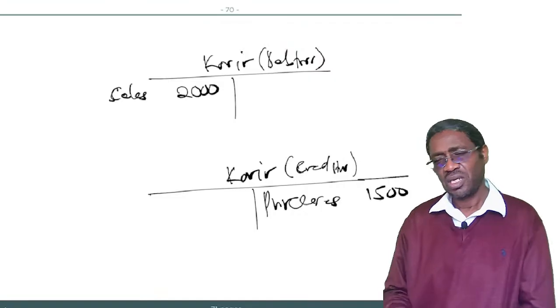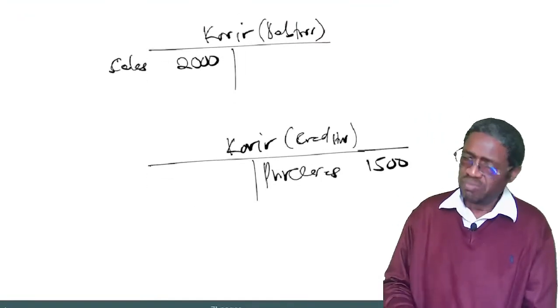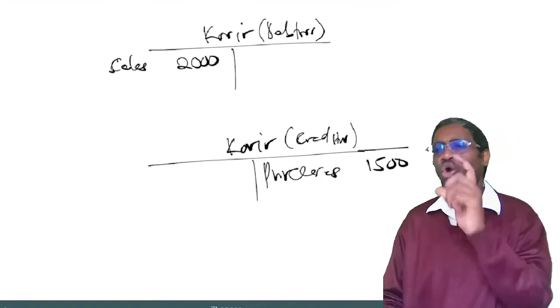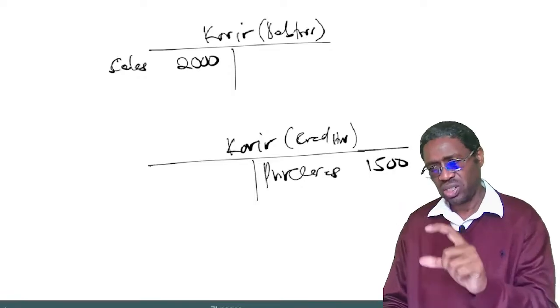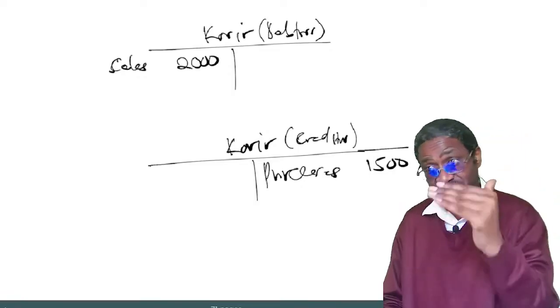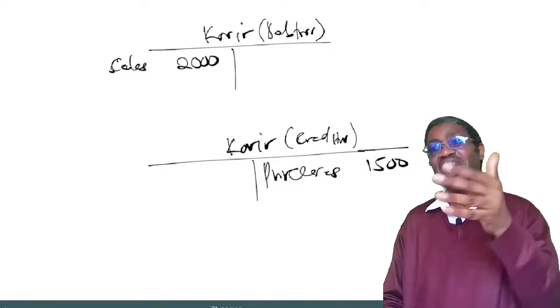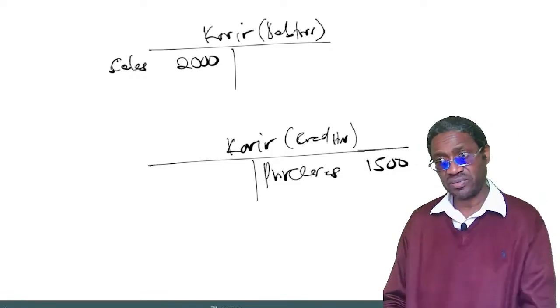Listen, how do you offset? By doing what we call a contra entry between Coril as a debtor and Coril as a creditor.